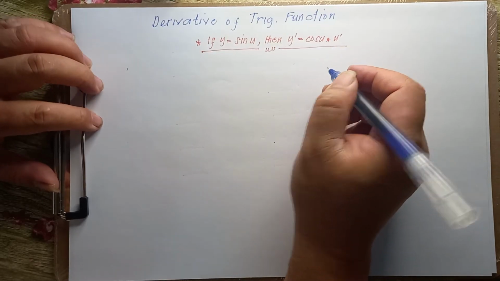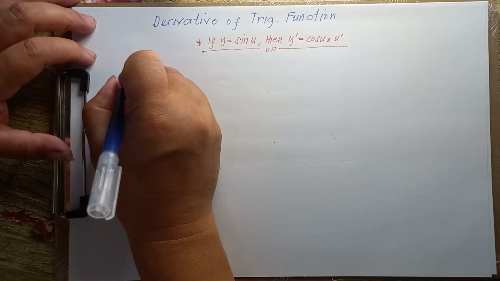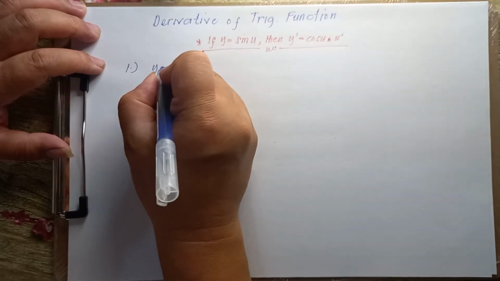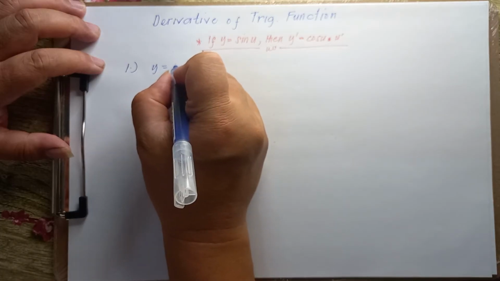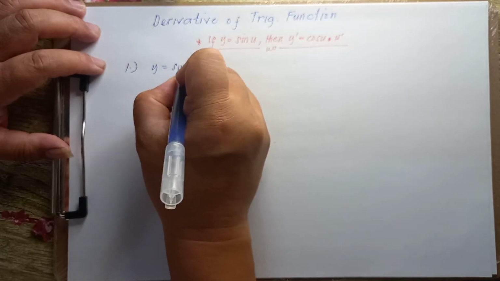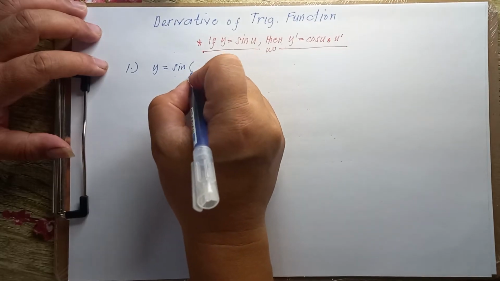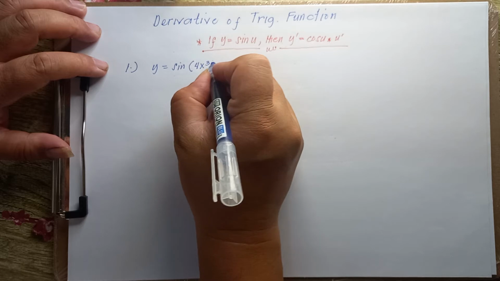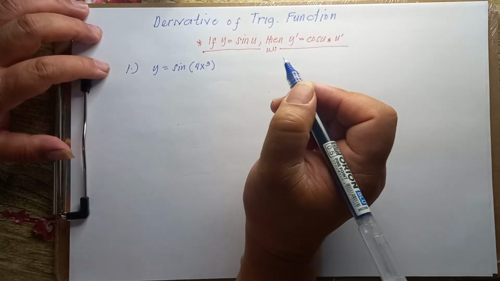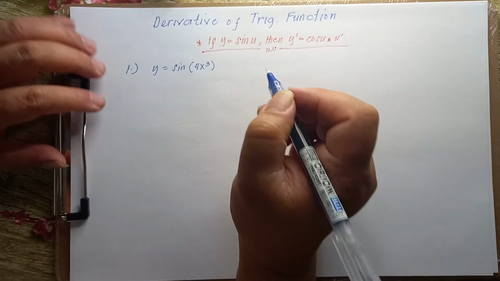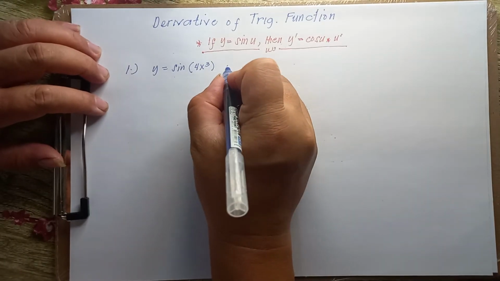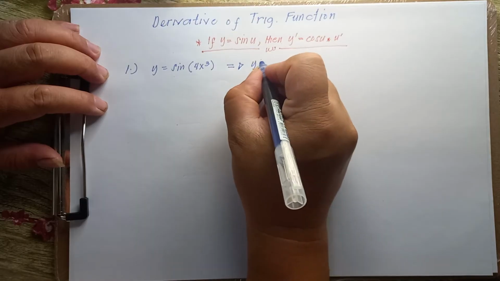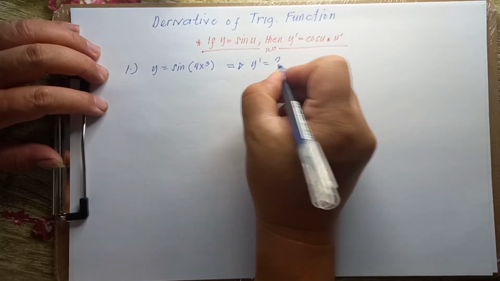So what if we illustrate by saying number 1, we have in here y is equal to sine 4x raised to 3. So how do we solve, or how do we get the derivative? What is the y prime?